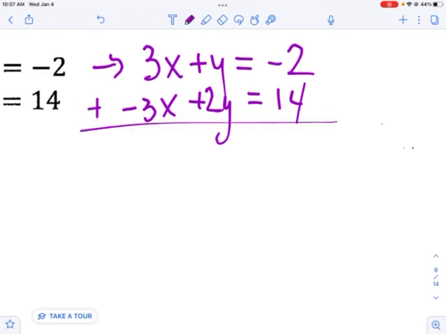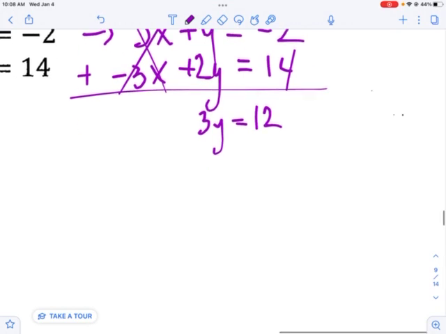I'm not writing 0x. I'm just crossing them out. The terms are gone. y plus 2y is 3y. Negative 2 plus 14 is 12. Now, again, I have a one-step equation with one variable. I'll divide both sides by 3 and get y equals 4.